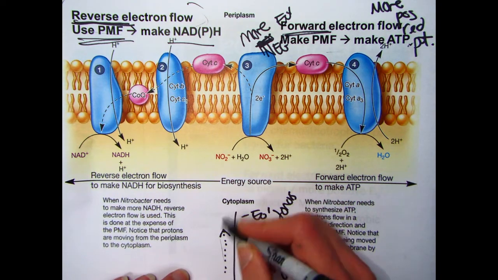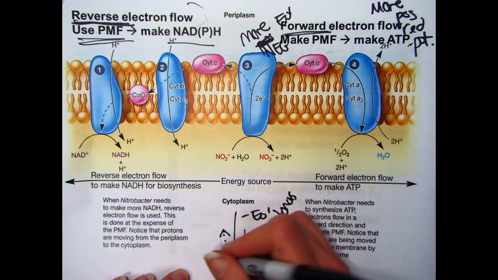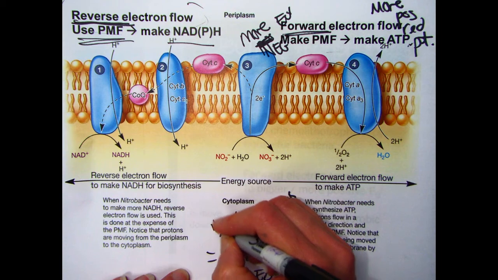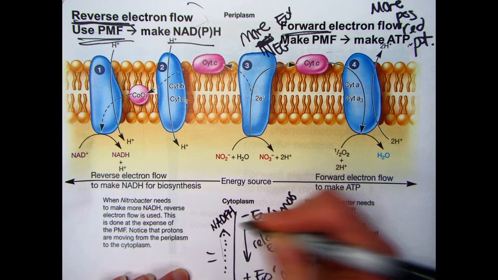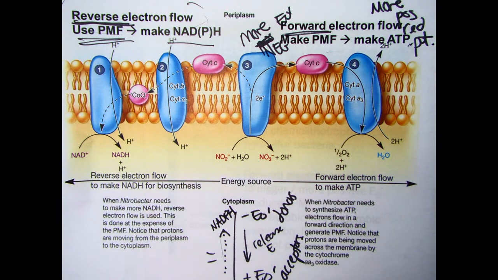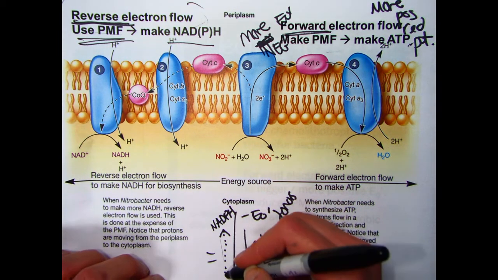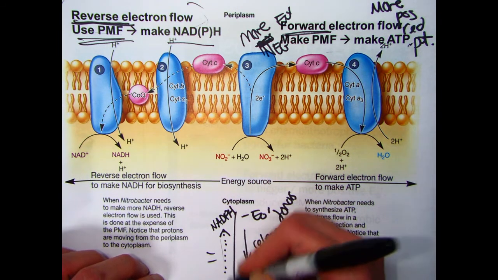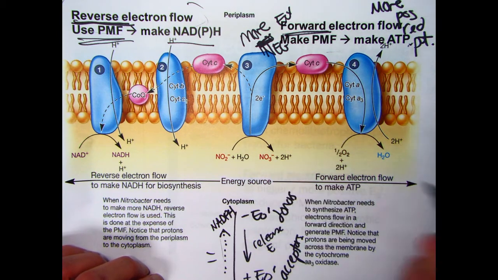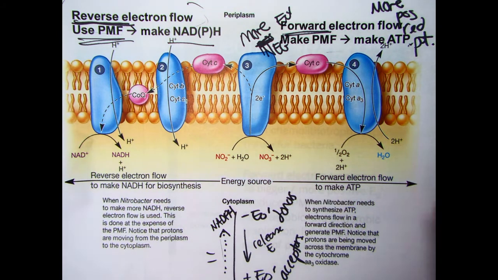Sending the electrons from something like nitrite or sulfate back up to NADPH requires energy. That energy is provided by PMF, and since it goes in an energetically unfavorable direction, it is called reverse electron flow or reverse electron transport.